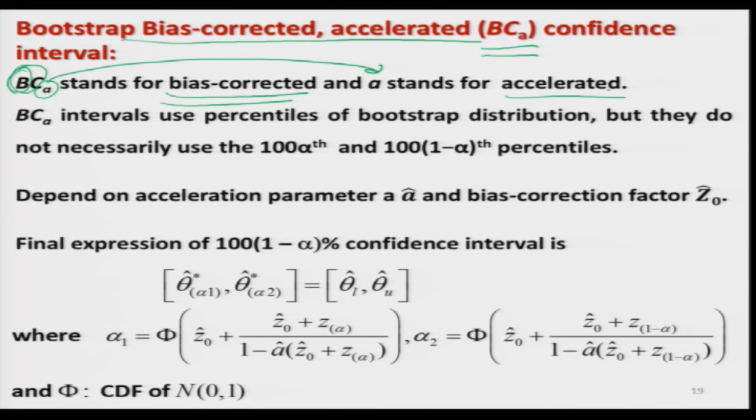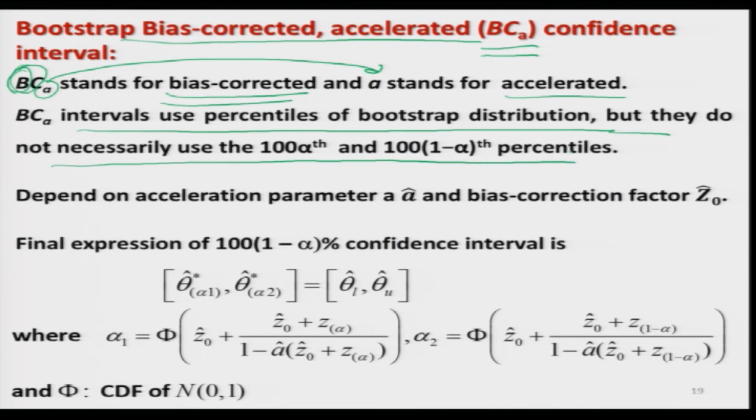Actually these BCA intervals use percentiles of the bootstrap distribution, but they do not necessarily use the alpha or 1 minus alpha percentile. Actually they are computed in a different way, and it depends on something called the acceleration parameter and the bias correction factor Z0 hat.